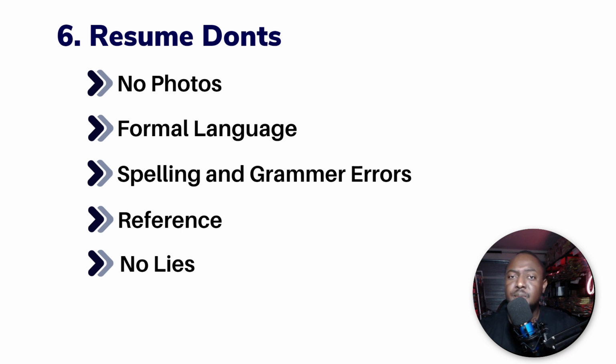Use formal language. Do not use shortcuts like i.e., slang and so on. Make sure you spell out the whole word and use formal English in your resume. That will show that you are professional. Also, make sure your spelling and grammar are on point, and that's why I like using tools.